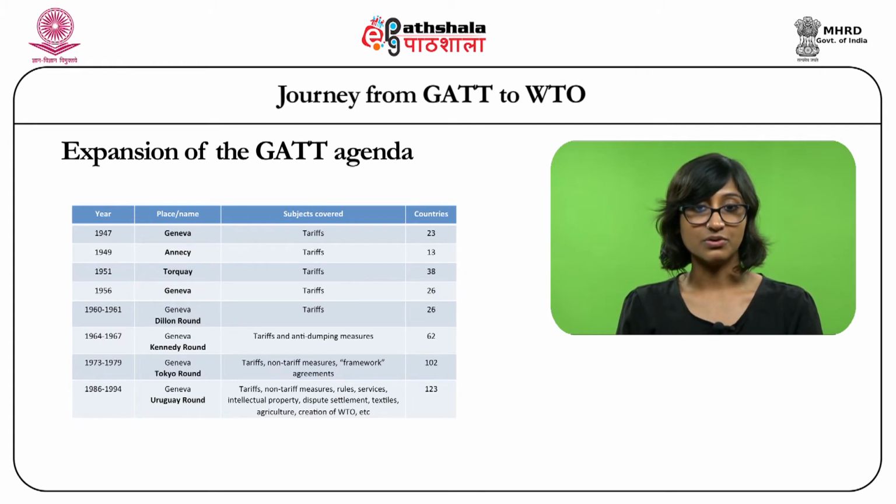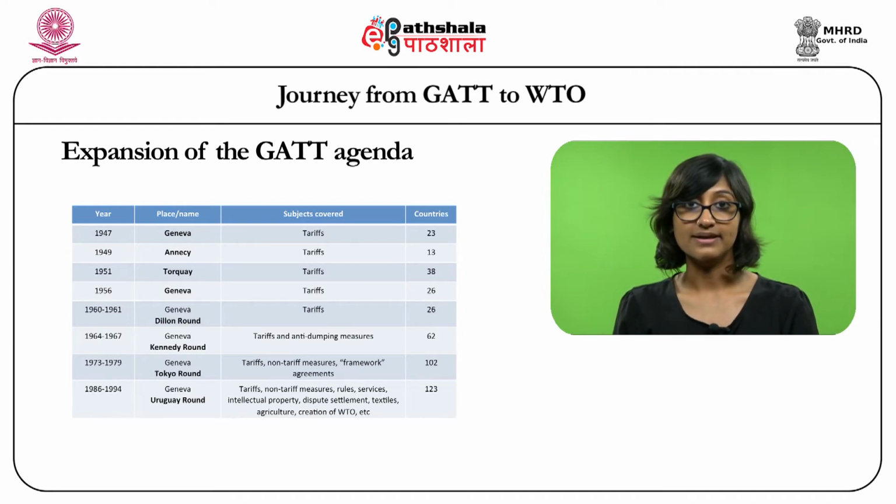Subsequently, the Uruguay round took place from 1986 to 1994, where the subjects of negotiations were tariffs, non-tariff measures, rules, services, intellectual property, dispute settlement, textiles, agriculture, creation of WTO, and the number of countries was 123.